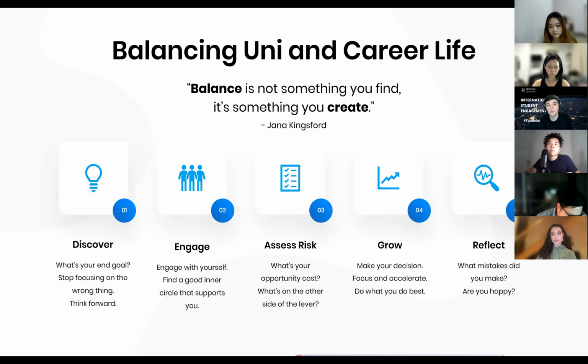What I mean by balance here is, sometimes when you study too much and you don't focus on the right thing, you actually lose. So you don't actually win by studying more.